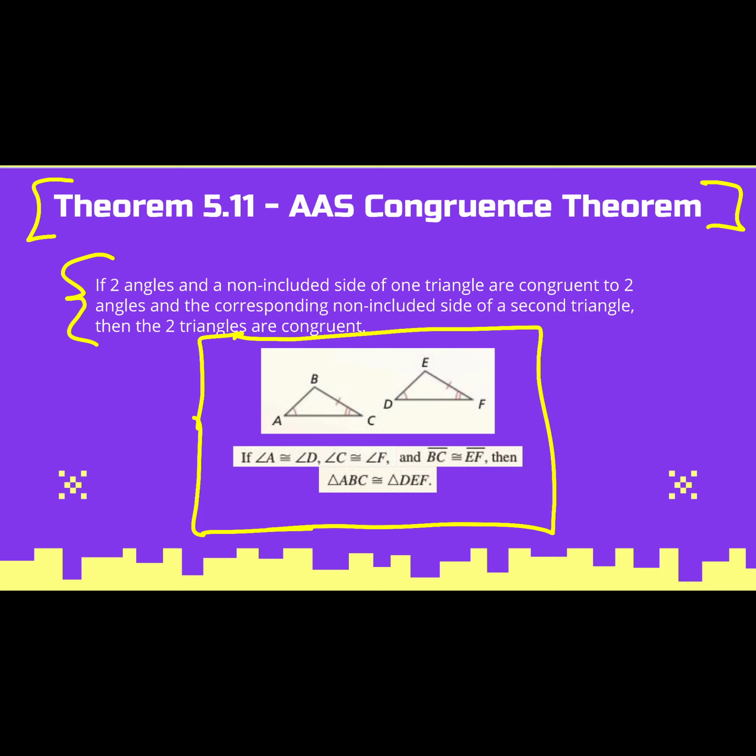Because it's the same letters, right? We're still using two angles. We're still using one side. But why? How are they two different theorems? What's the difference? How am I supposed to know? Well, you're not. That's why I give you a bonus point.